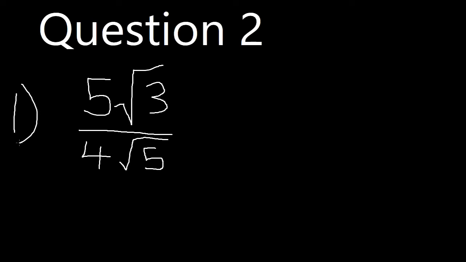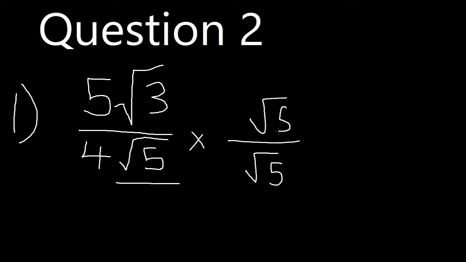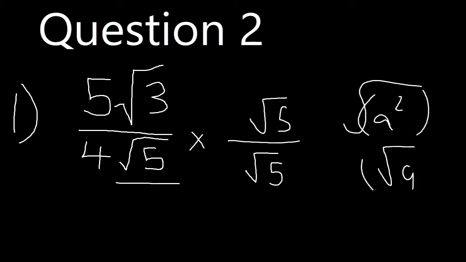Now, straight away, I can see that the denominator is not rationalized, so I want to rationalize this denominator by utilizing my rule. So I'm going to times this bottom by root 5 on root 5, because I know that timesing these two together will result in A, or whatever number's under the bracket.